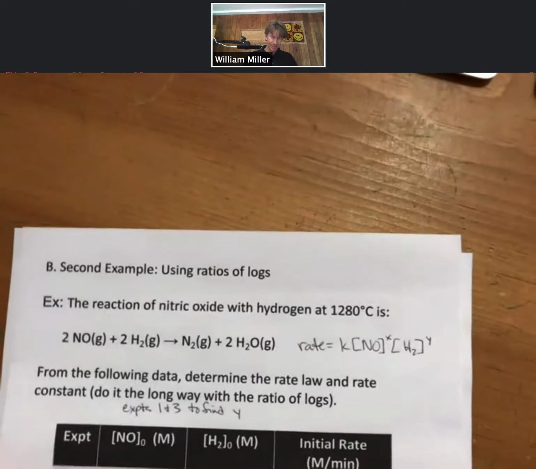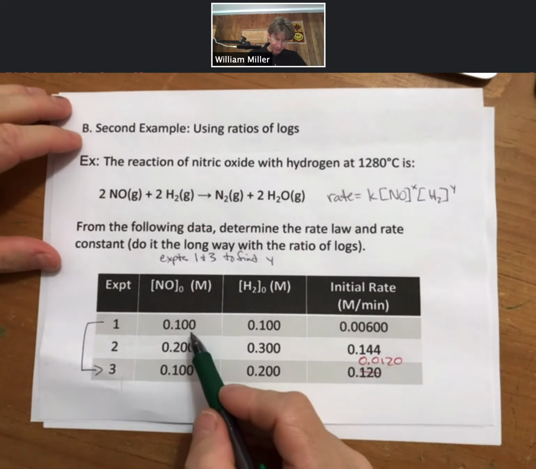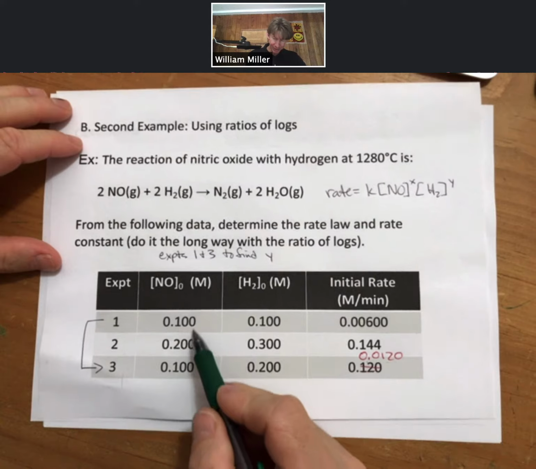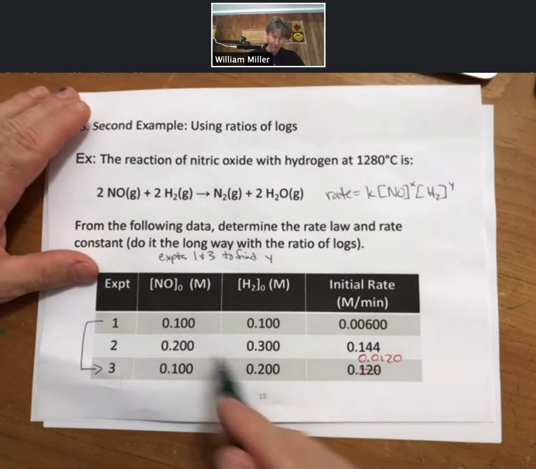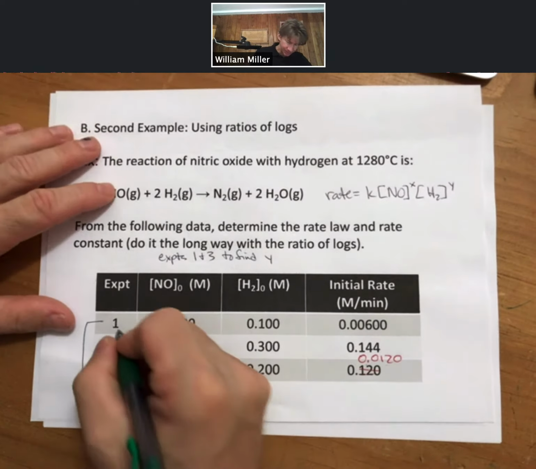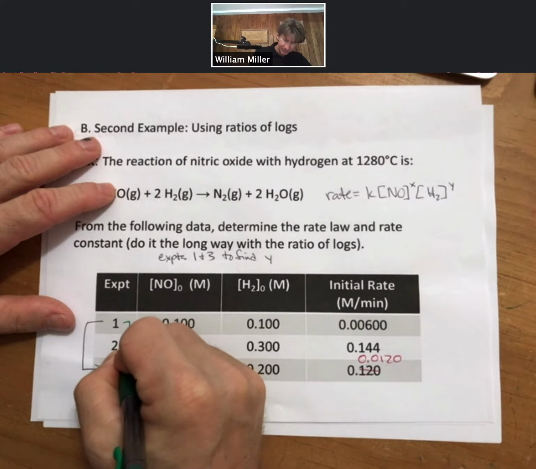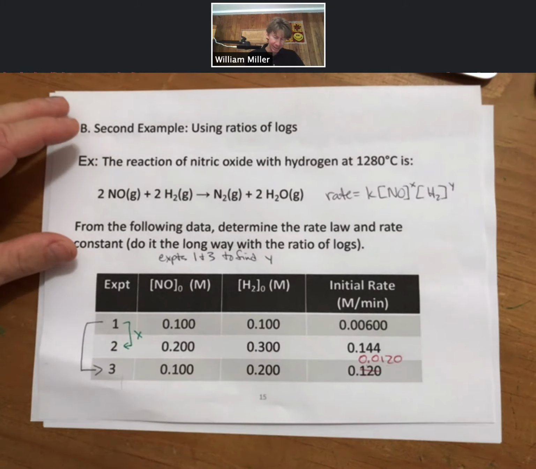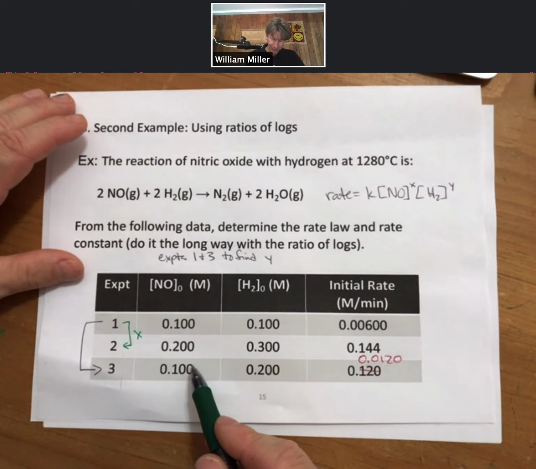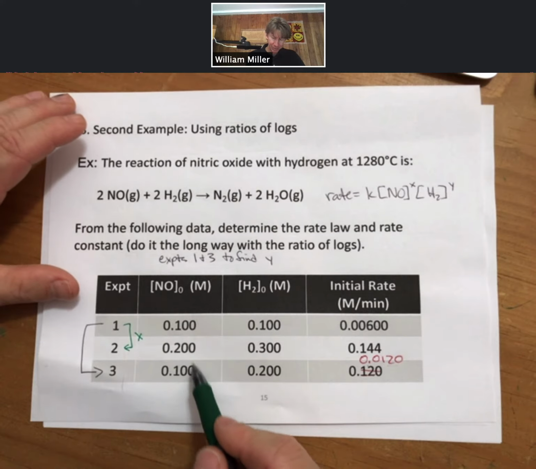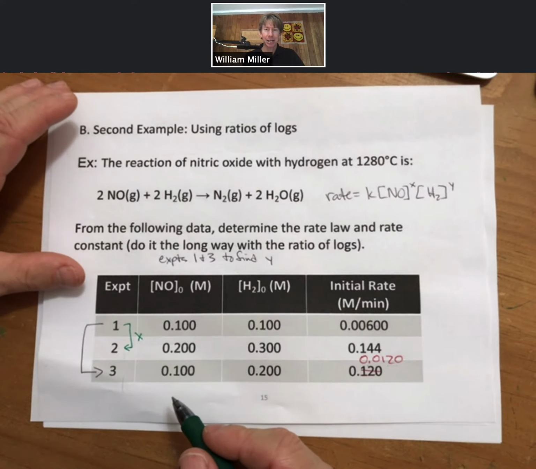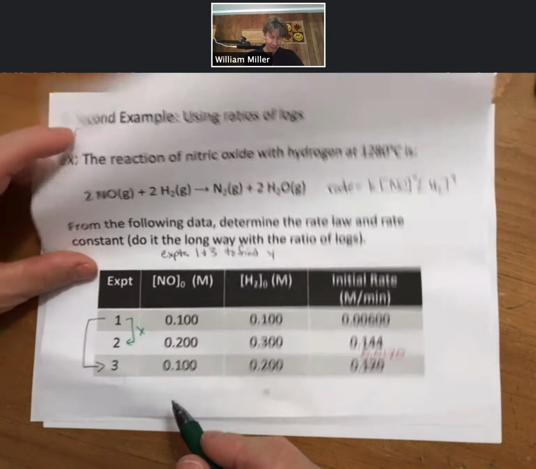I like experiments 1 and 2 because something doubles, and this triples though, but we'll deal with that. So I'm going to use the data from experiments 1 and 2 to find X. And again, you could pick 2 and 3, just as long as the nitrogen monoxide concentration does change. So let's do 1 and 2.